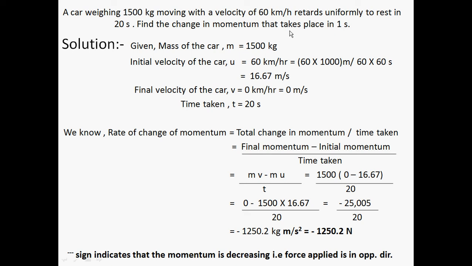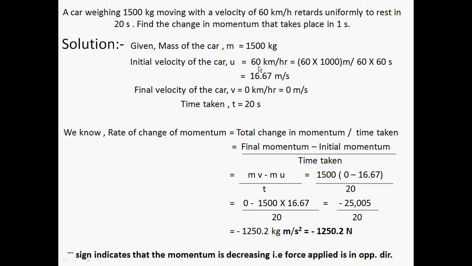First of all, let's find out the change in momentum. As we know, the formula for momentum is mass into velocity. So the total change in momentum will be final momentum minus initial momentum. So the final momentum will be the 1500 kg mass.